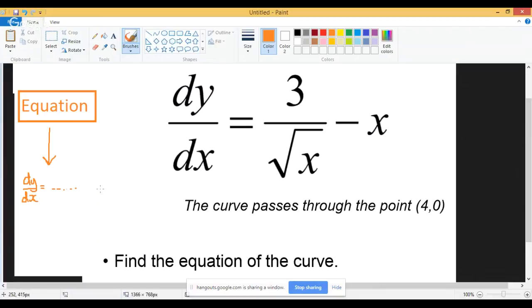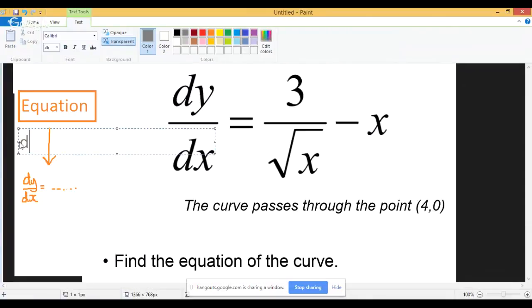So here in this example, we've got the second bit. We differentiated the equation and we've got the answer 3 over root x minus x. So we've got this bit down here. But in order to go back to the equation, we have to do the opposite of differentiating, and that's integration.